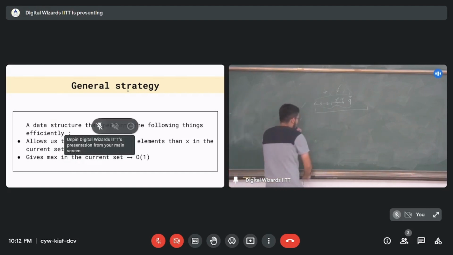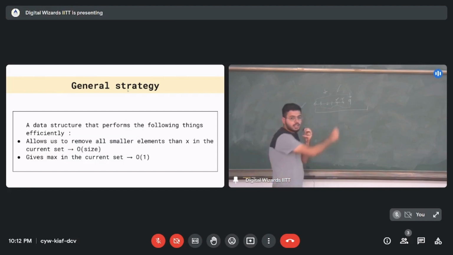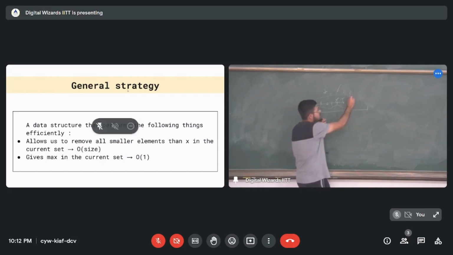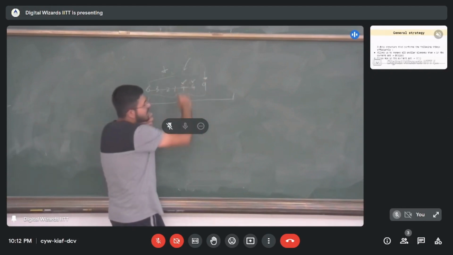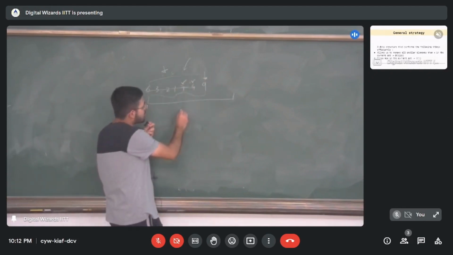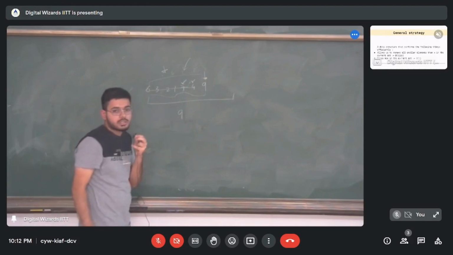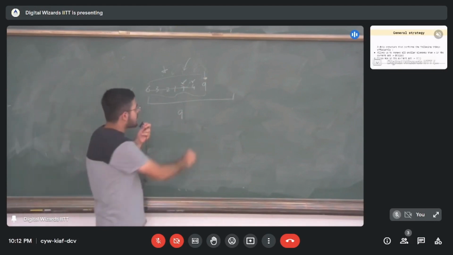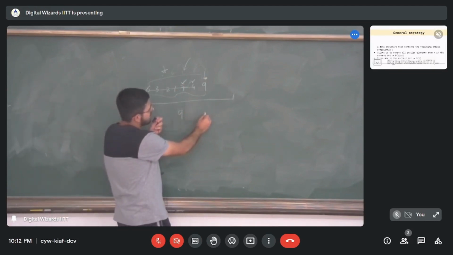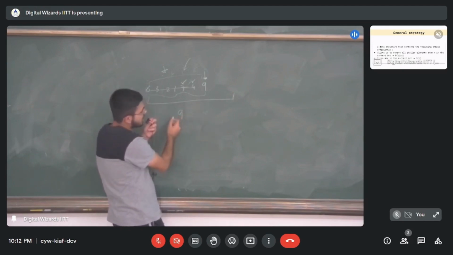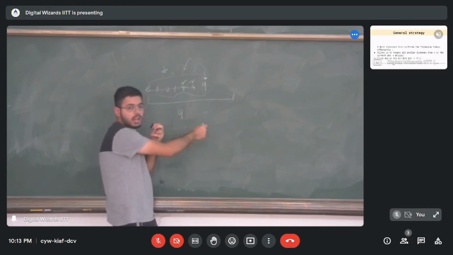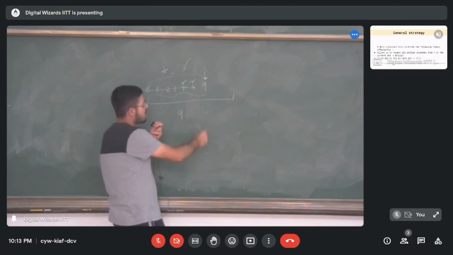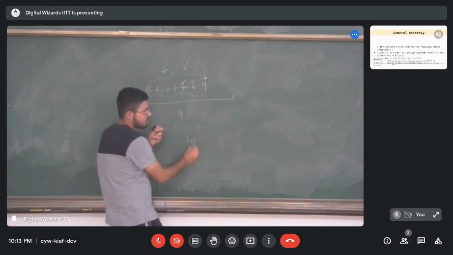Suppose I already have the current element as 9. Then after altering my data structure, I'm guaranteed that my first element is going to be 9, right? If I find any larger element, say 10, then obviously all the elements are again going to be removed, because I don't need to calculate for them. I have to remove all these elements and fix 10 at the front.